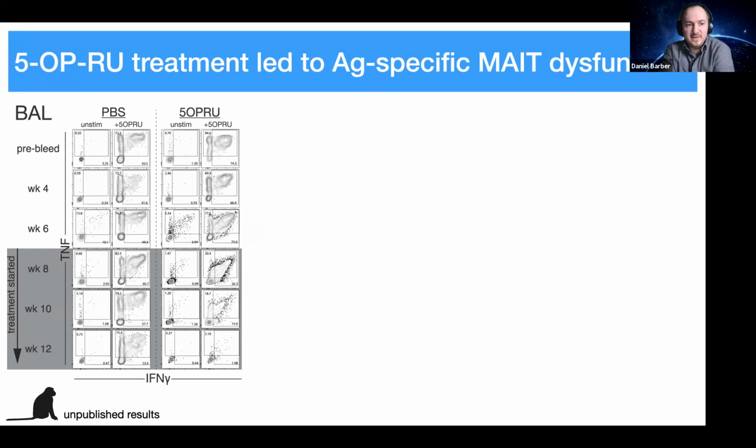As we looked at the function of the MAITs, I have the kinetic going down here. You can see after 5-OPRU in vitro stimulation, in the PBS group, the function of the MAITs really doesn't change over time. But in the 5-OPRU in vivo treated group, as soon as the week 8 time point, when we first start inoculating the animals with 5-OPRU, you can see the cytokines start to get lower in production and just be gone altogether.